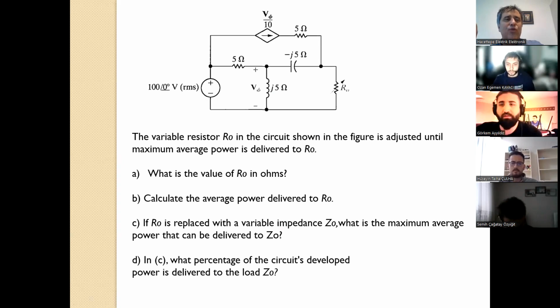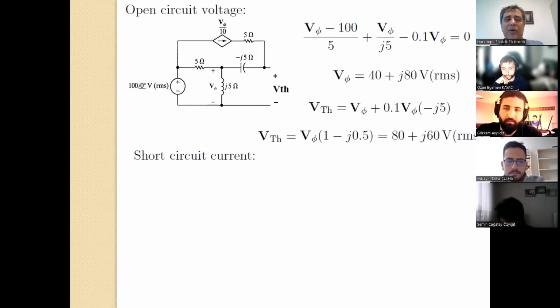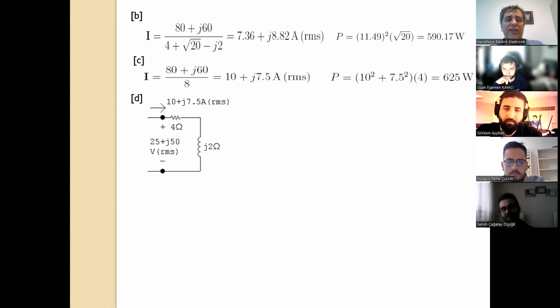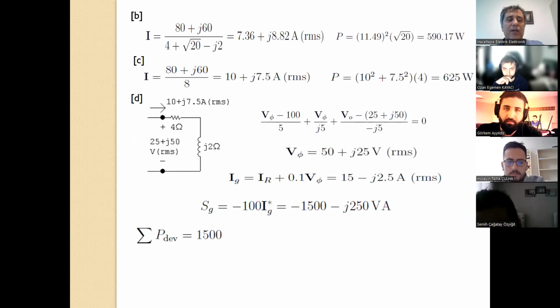We have already calculated the absorbed power on the load side. Now we are trying to find out the generated power. In order to find the generated power, we have to calculate the average power on two sources. One is the independent source at the far left side.